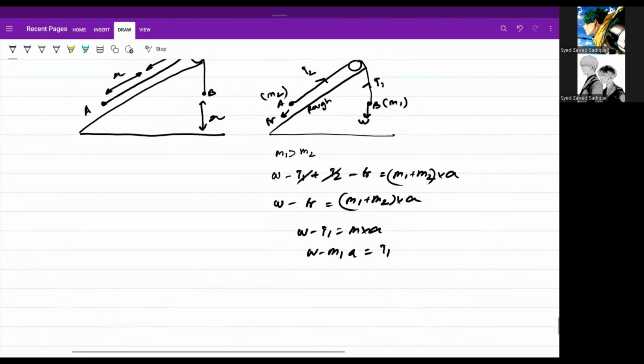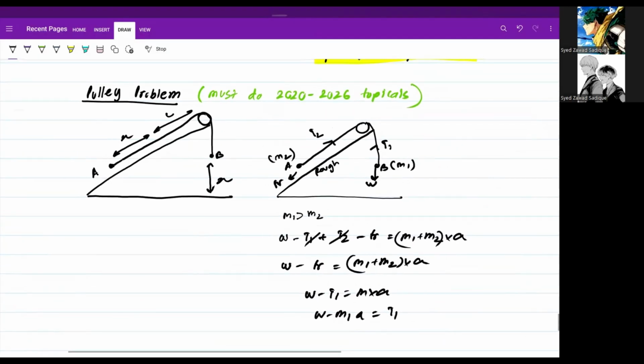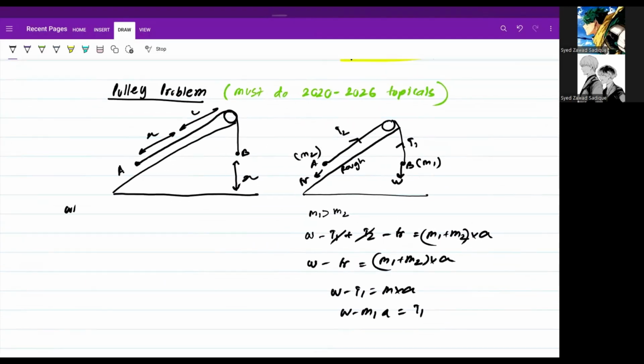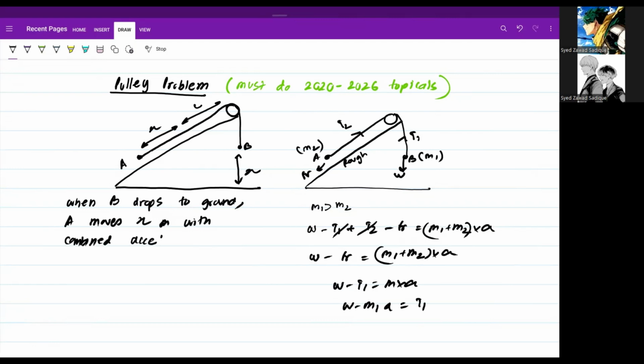All right. Now, the certain note that I'm going to give you guys is in such cases, when B drops to the ground, A moves X meters with combined acceleration.